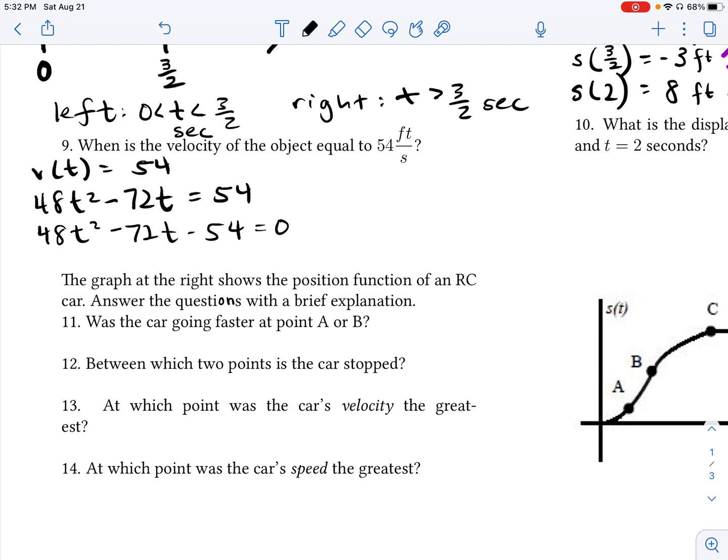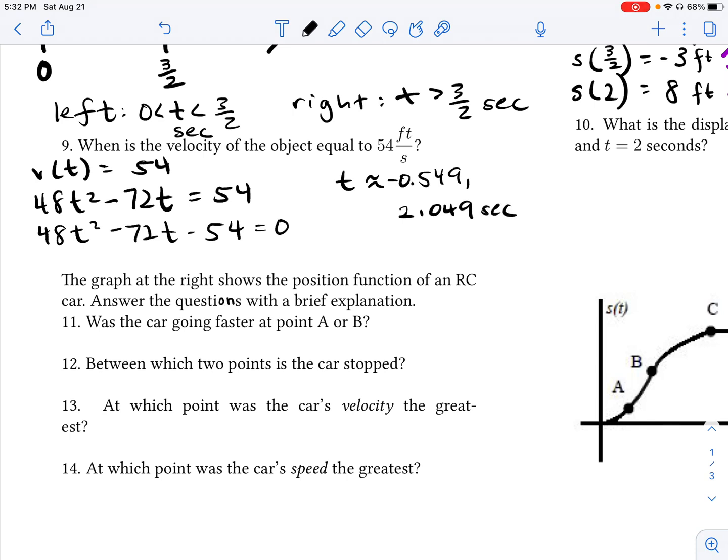I don't believe this is actually factorable, so we're going to use our calculator for this. I can't pull that up right now, but if you put this into your graphing calculator or your equation solver, you should end up with t approximately equal to -0.549 and 2.049 seconds.